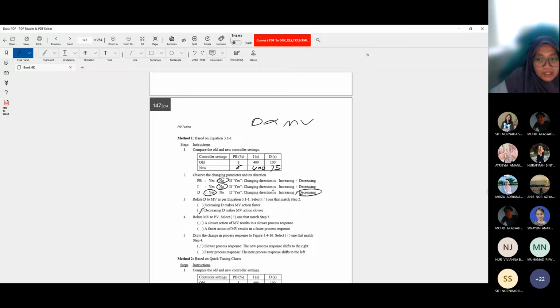So MV to PV dalam soalan dah beritahu directly proportional. So MV slower, we will get the slower process response. So for the number 5, you need to change. Okay, and also you need to tick this one. So slower process response will lead to the direction of the process shift to the right.